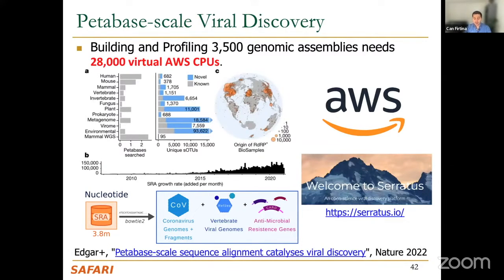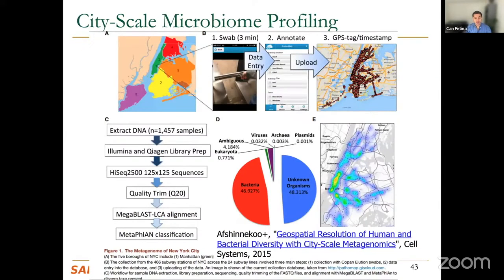There are also some efforts essentially to build and profile viral genomes, and also industries are coming into play. For example, AWS is offering their compute capabilities to perform such computation at large scale. We may also perform city-scale microbiome profiling.